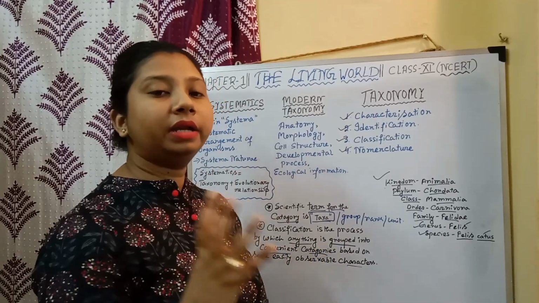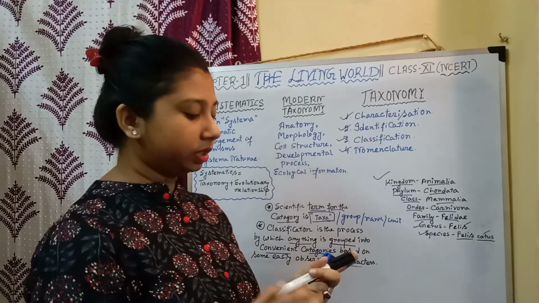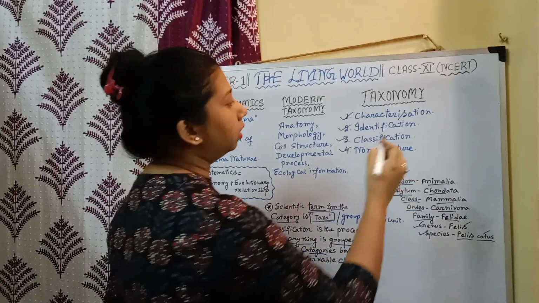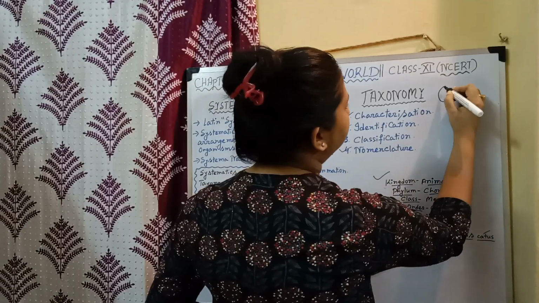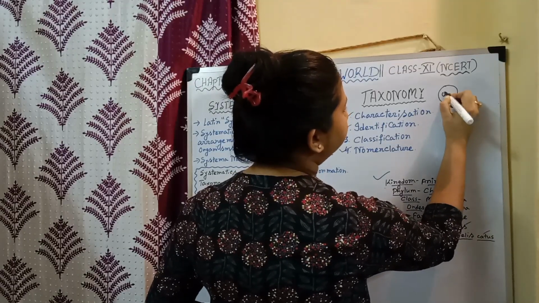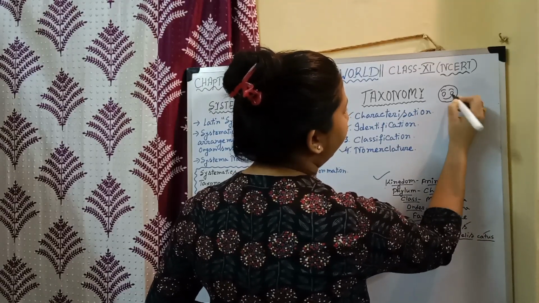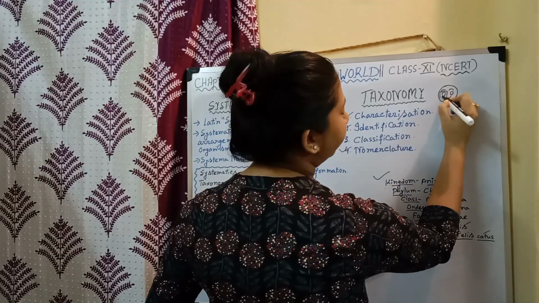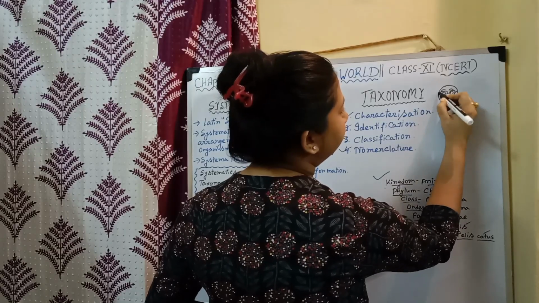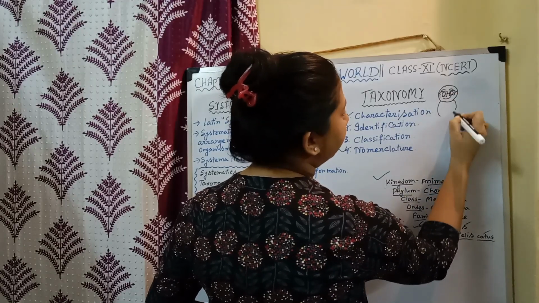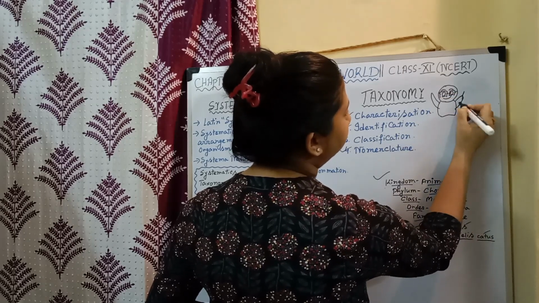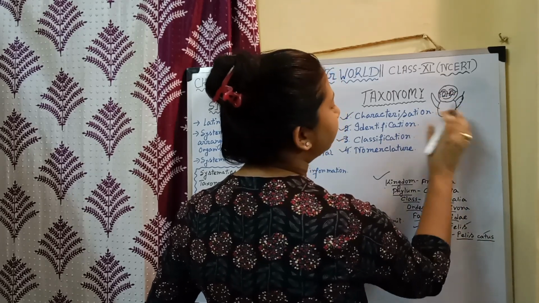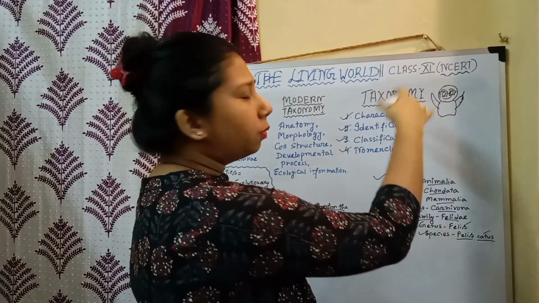Suppose you find an unknown organism that has two eyes, a lip, and a pair of glasses, and it has two wings, and somewhat looks like this.